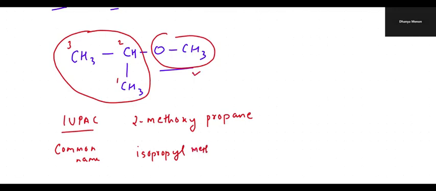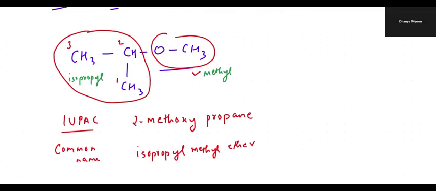So this is the isopropyl group. This is the methyl group. This is for the common name. So isopropyl methyl ether. Okay, so this is how we do the common name.